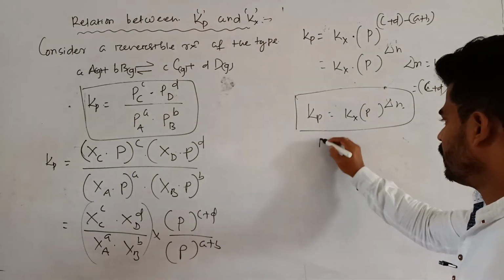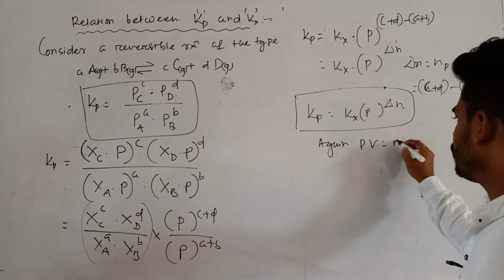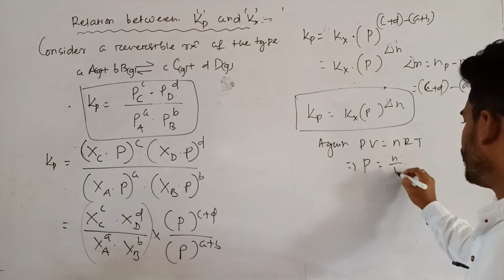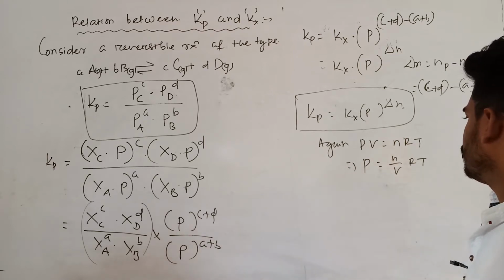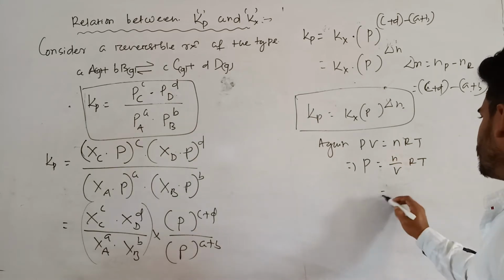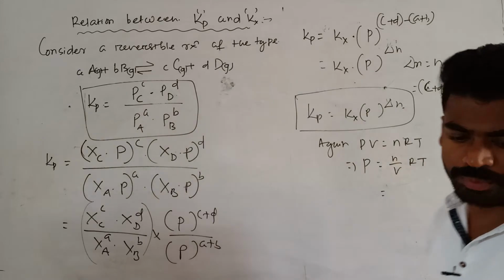Again, I can modify this a little bit. PV is equal to nRT, that implies P is equal to n by V into RT. So this P is equal to CRT.